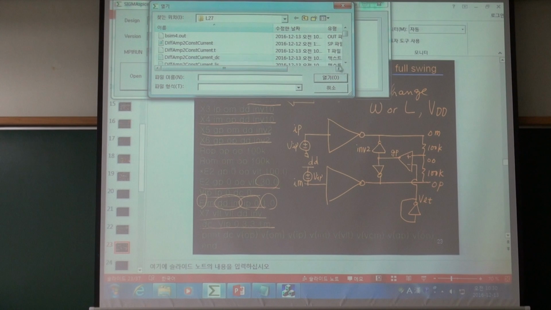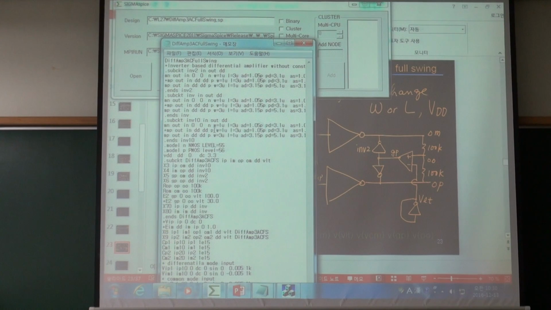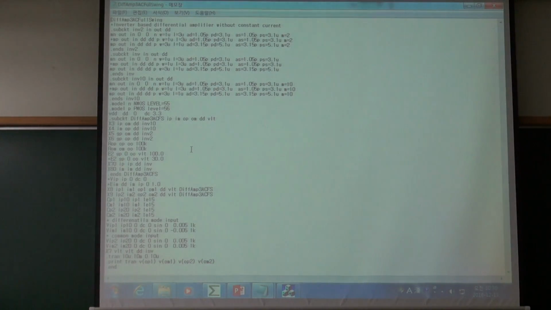I need a full swing one. Oh yeah, here. Is this AC coupling? Oh, not AC coupling, right? Is this AC coupling here? Oh yeah, it is AC coupling. It's slightly different from the previous version.